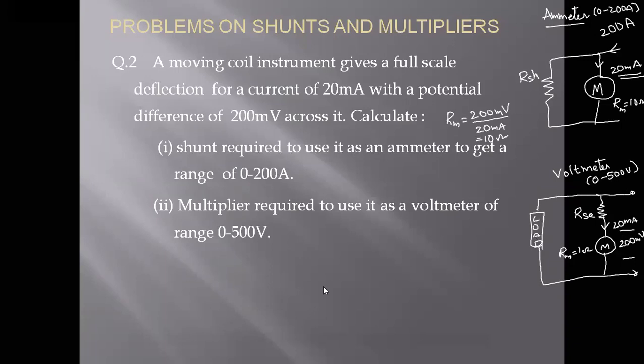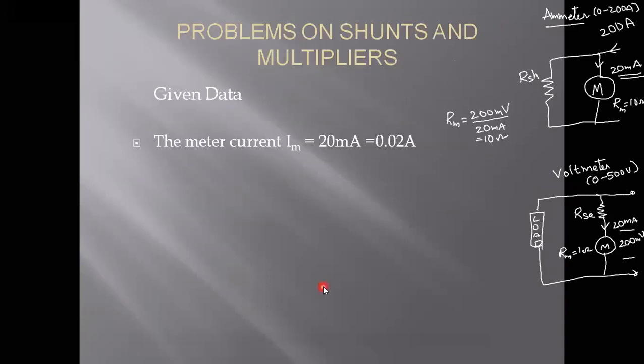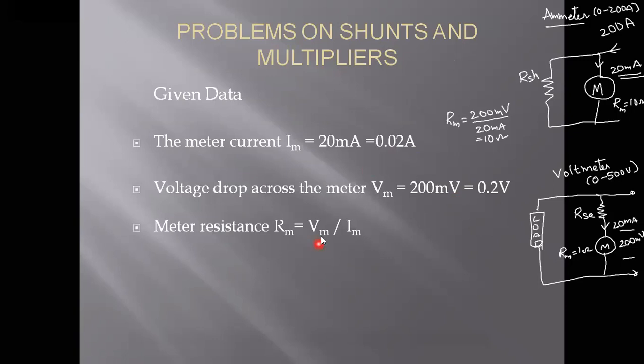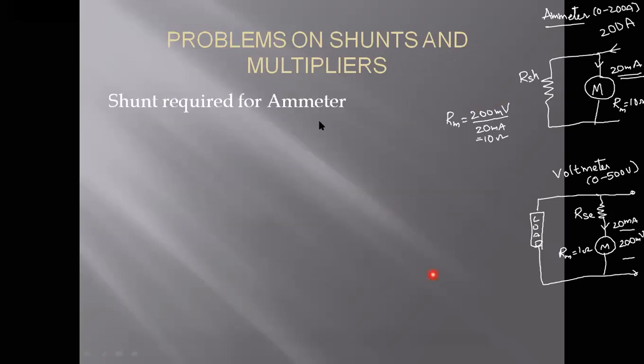Let us test this out. Given the data, convert the values from milliamperes to ampere, millivolt to volt. Meter resistance is Vm by Im. It should be 10 ohms that we have calculated already. Now, if you want it to work as an ammeter, we require a shunt.